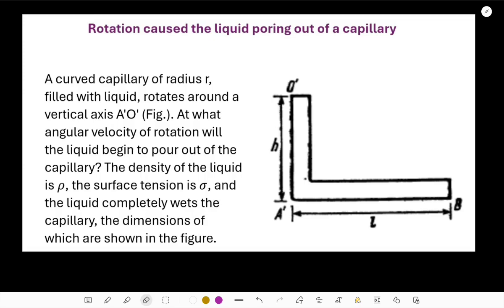The picture is not quite clear, but you can still identify the points A dash and O dash in this figure. And at what angular velocity of rotation will the liquid begin to pour out of the capillary?